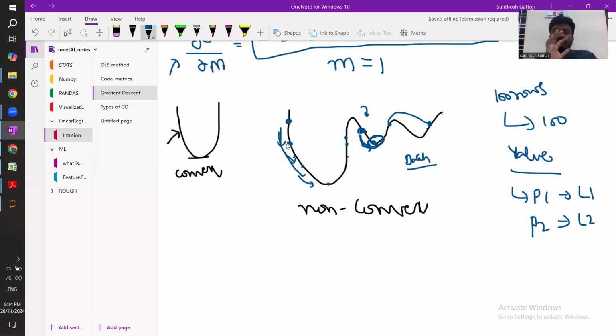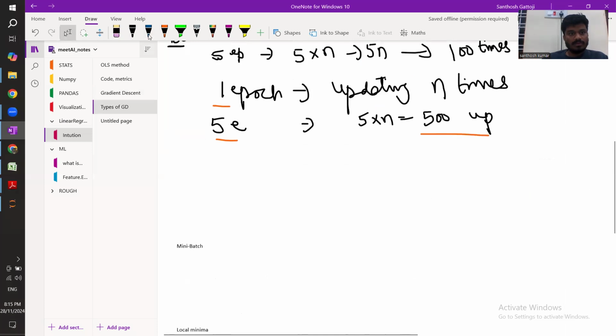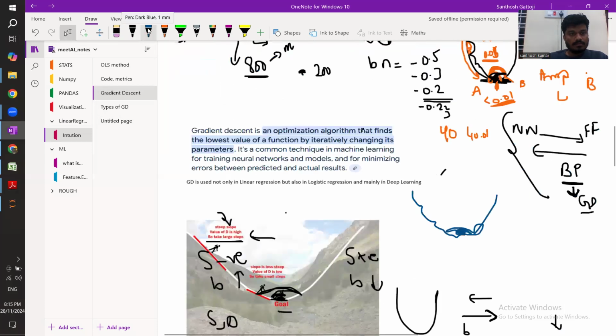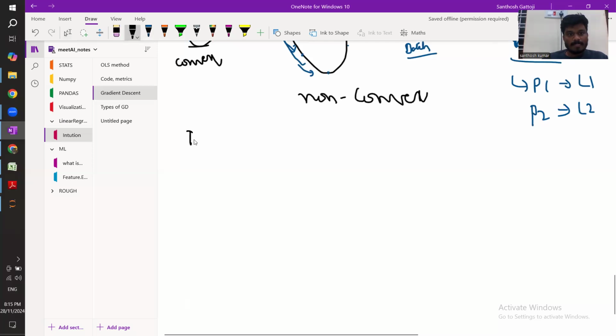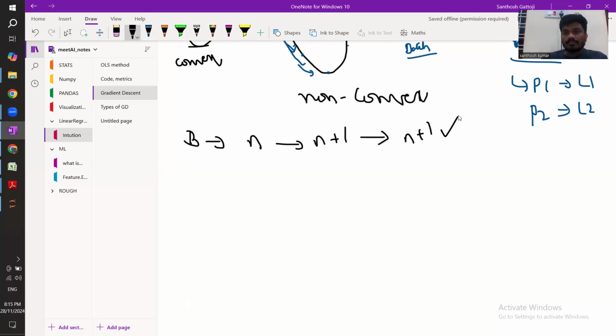But the problem is there will be fluctuations. The main problem over here is this: in batch, if you're starting with n and moving to n plus 1, then n plus 1 will always be better than n.